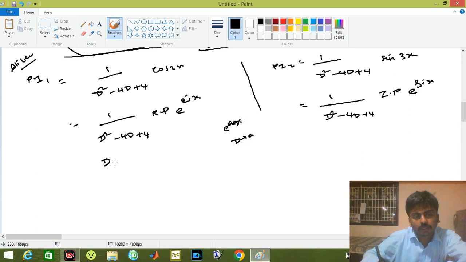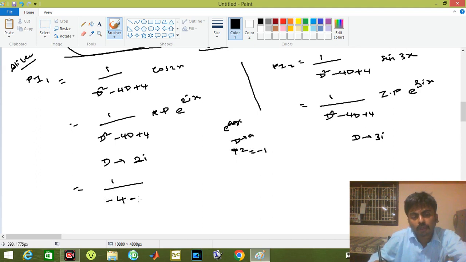So here you have to replace D by 2i. Here you have to replace D by 3i. Okay, that is your a. So you will get 1 divided by 2 square is 4, i square is minus 1, so minus 4. You have to know this, i square equal to minus 1.